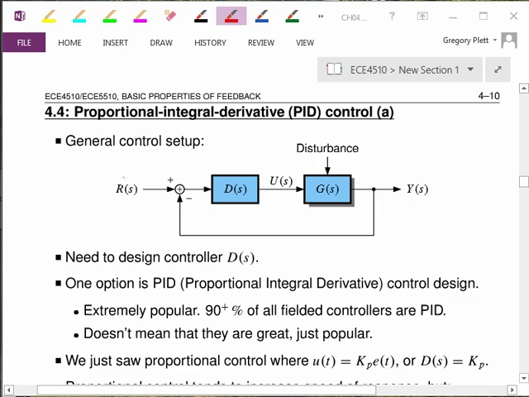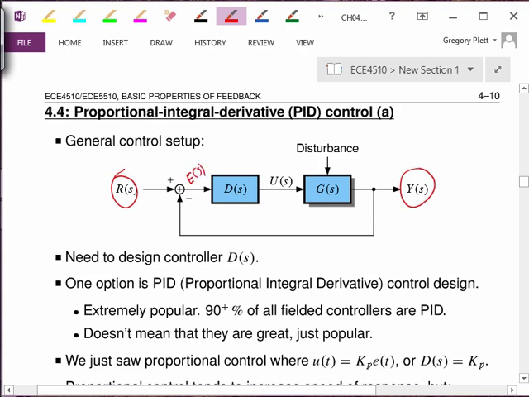The general control setup is that I have the reference input on the left and I have the output of the system on the right. I measure the output, I compare it to the reference, and then I have an error signal coming into the controller.